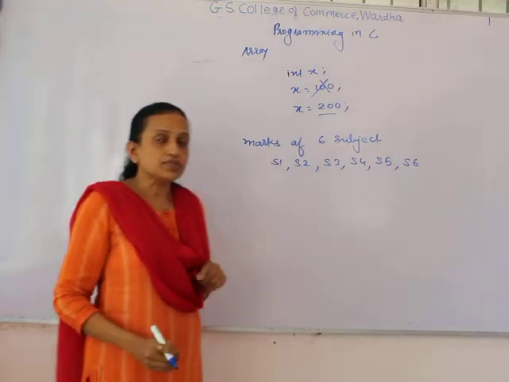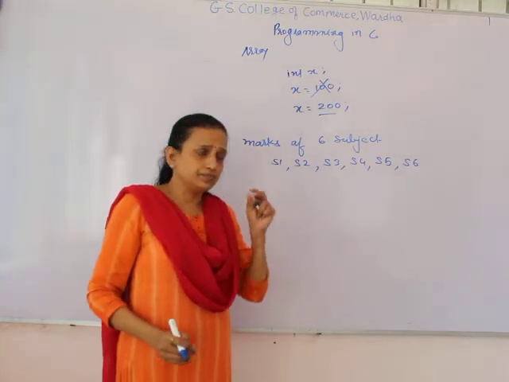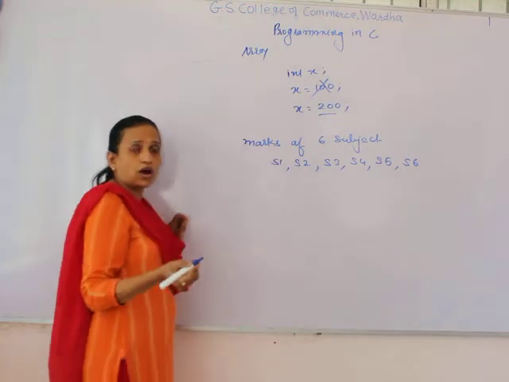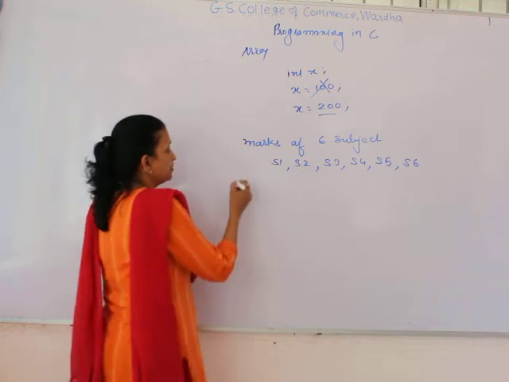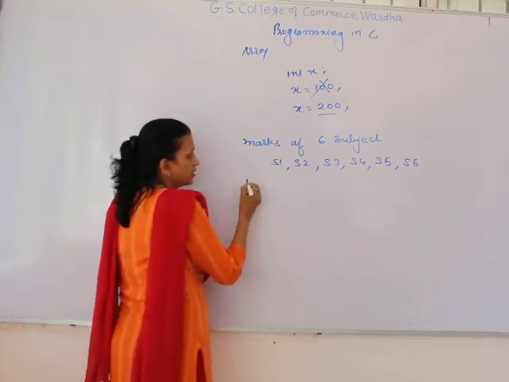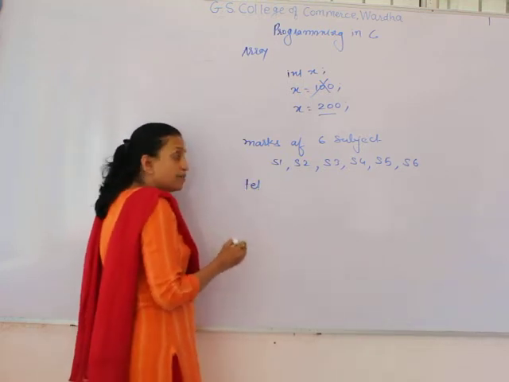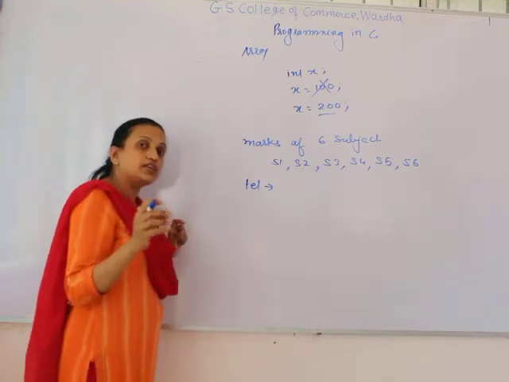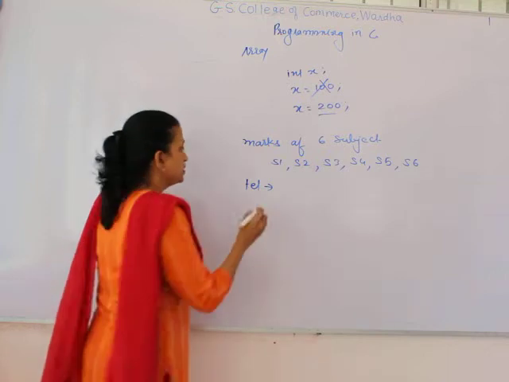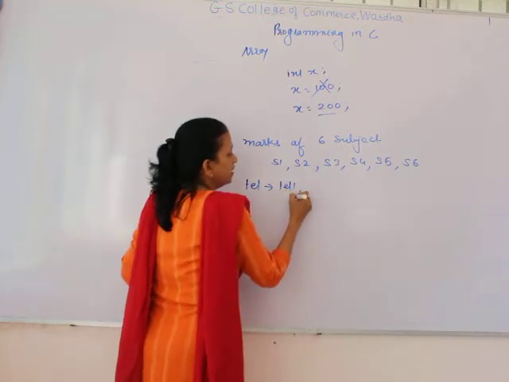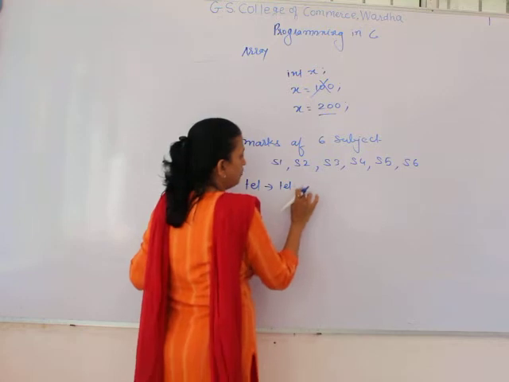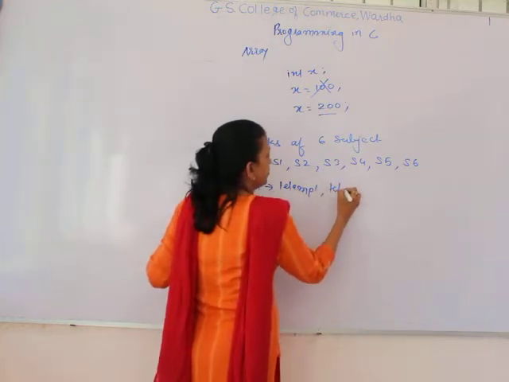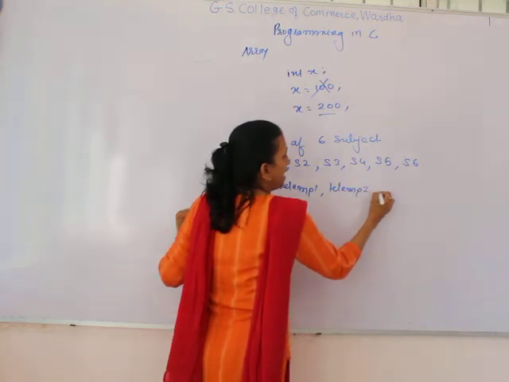Suppose you want to store the telephone number of an employee. How will you store it? You need to declare a variable for the telephone number. If you want to store the telephone numbers of 10 employees, you need to declare the telephone number of employee 1, EMP 1, telephone number of employee 2, and so on.